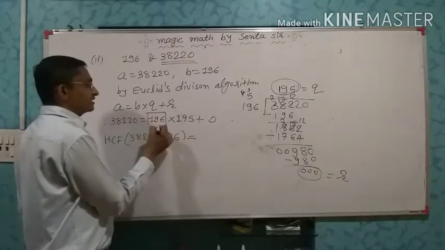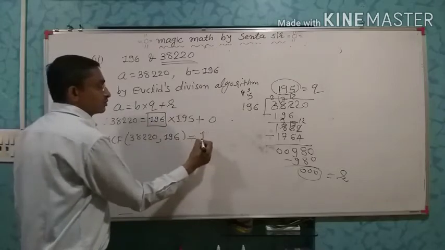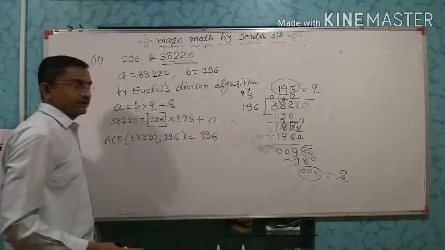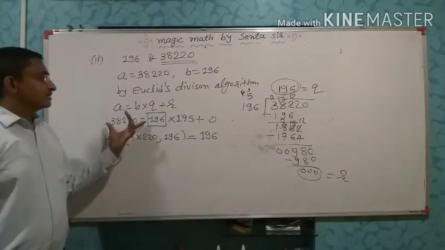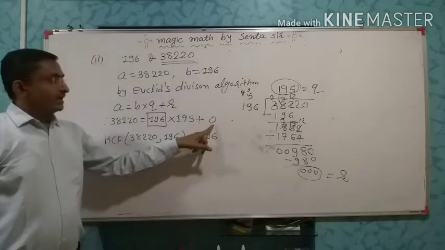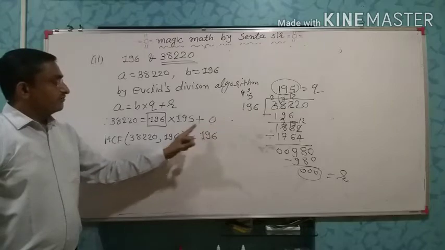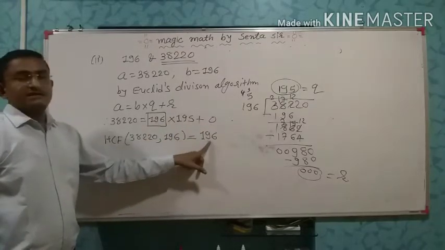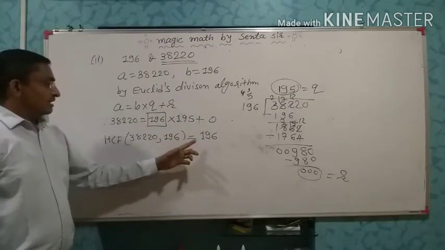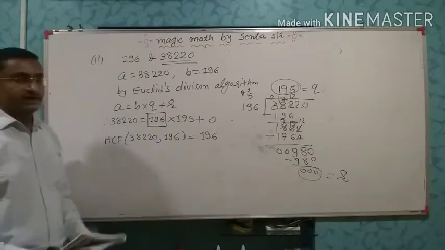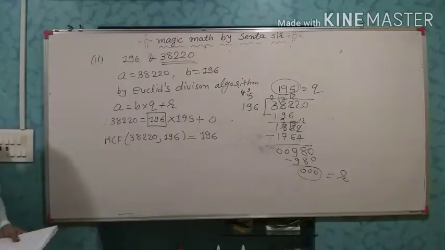Here the divisor is 196. So HCF is equal to 196. Here in a single step we get remainder 0, then we take the divisor as HCF. Then HCF is equal to 196. Take a screenshot and write down in your notebook.